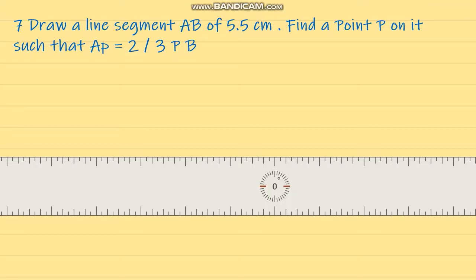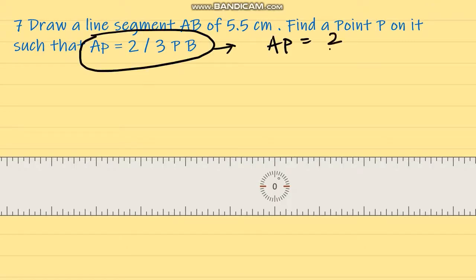Now let us see what is given. Draw a line segment AB of 5.5 centimeter. Then find a point P on it such that AP is equal to 2 by 3 PB. It is given here.